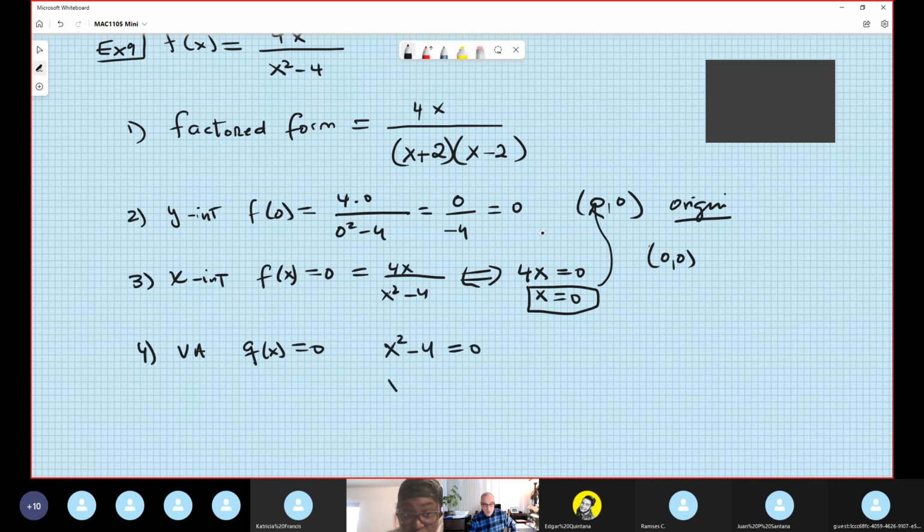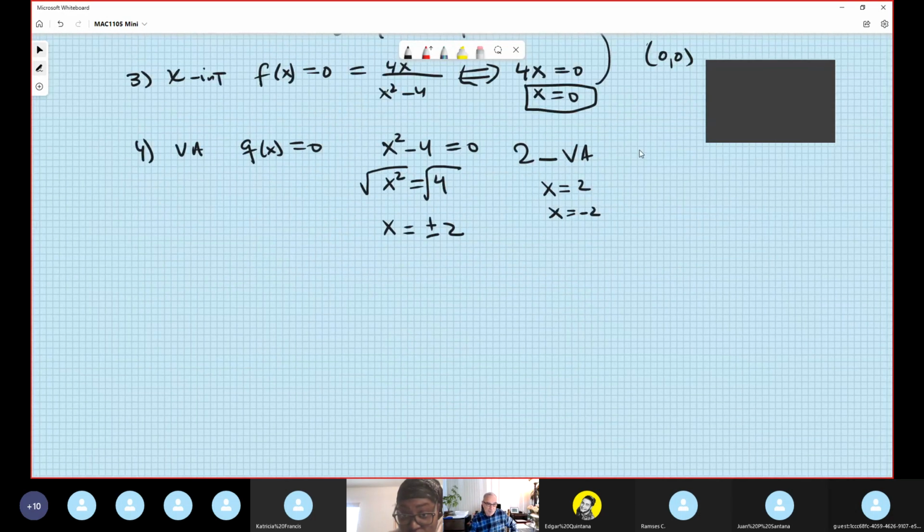It's an incomplete quadratic equation, an equation that you can solve easily by square root, and the answer is plus or minus 2. Therefore, we have two vertical asymptotes, at x equals 2 and at x equals negative 2.